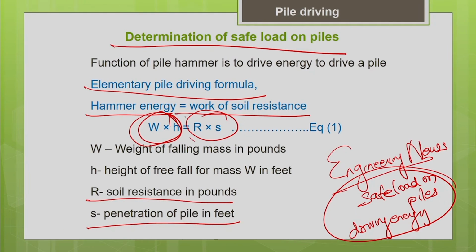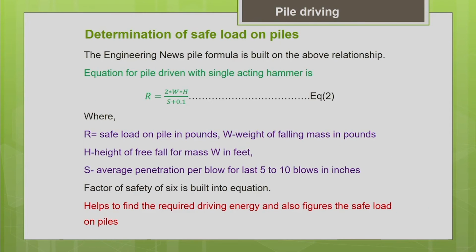You have to overcome the soil resistance and do the desired penetration for the pile. So, hammer energy is equal to the work of soil resistance, that is nothing but the product of the soil resistance and the penetration of the pile in feet. So, from this elementary driving formula, the engineering news formula has been derived, which is a commonly accepted formula to determine the safe load on the pile.